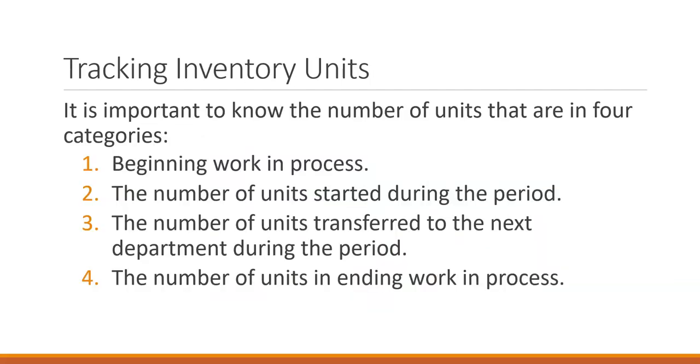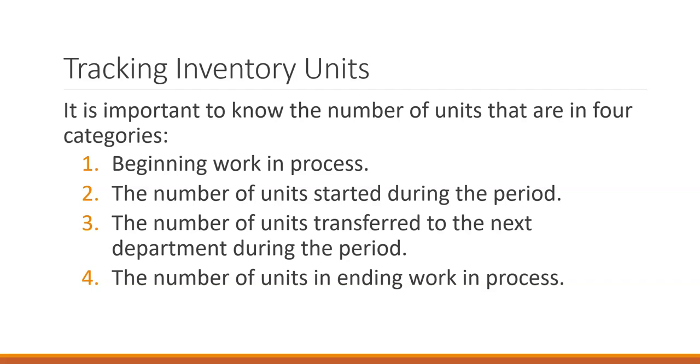So we have to know the number of units that are in 4 different categories when we're looking at process costing. We will have our beginning work in process, the number of new units we started during the period, the number of units that we transferred to the next department, and the number of units in ending work in process.